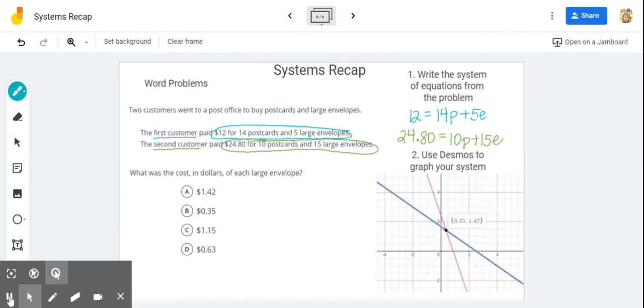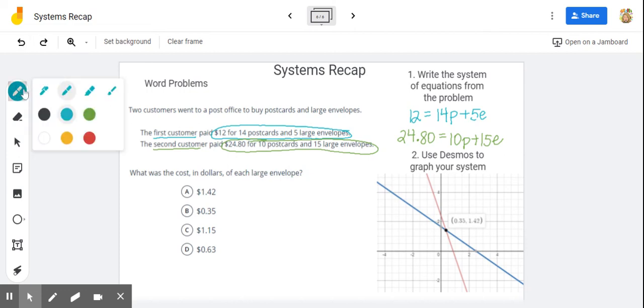Here at the end it says, what was the cost in dollars of each large envelope? I'm going to remind you guys that you and I wrote our equation with large envelopes represented by the Y value, the letter we typed into Desmos.